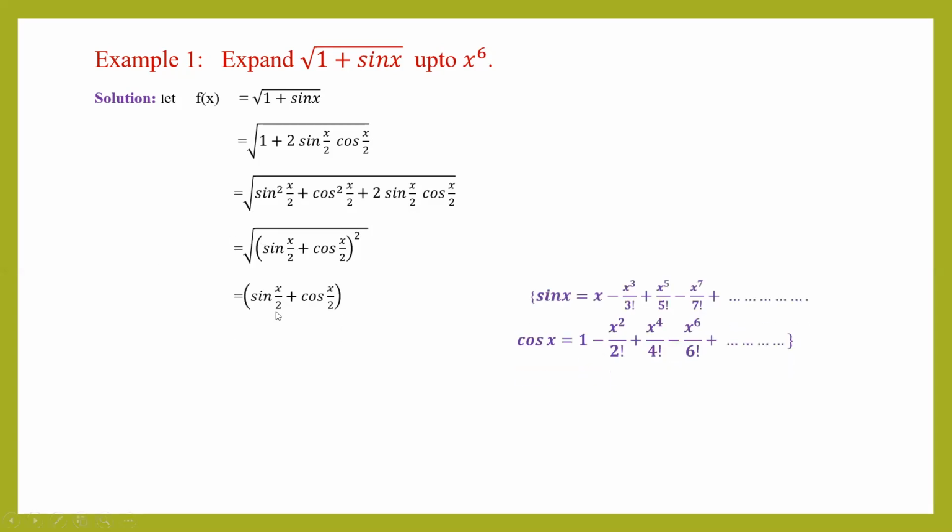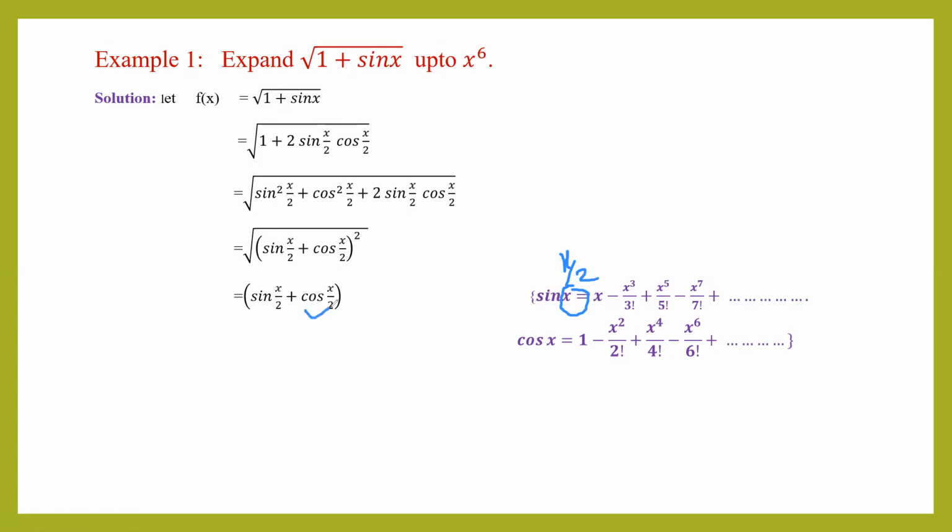And once you remove the square root, we have the term like sine x by 2 plus cos x by 2. And we can write the expansion of sine x by 2. We know the expansion of sine x, and in this expansion of sine x, when you replace this x by x upon 2, you will get the expansion of sine x by 2.